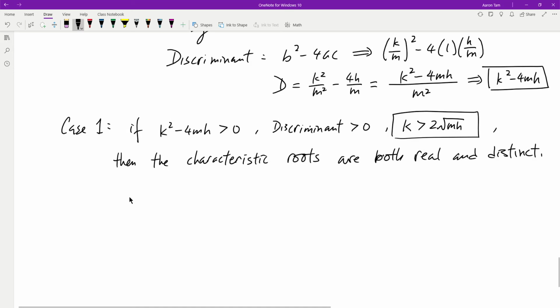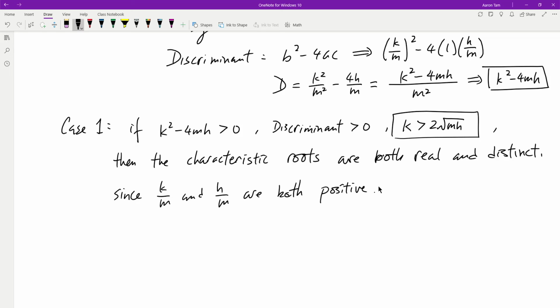Because h and k are both constant, as well as m, since k over m and h over m are both positive, the 2 roots must both be negative.